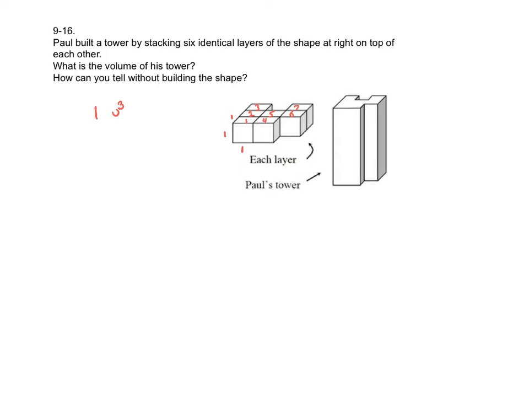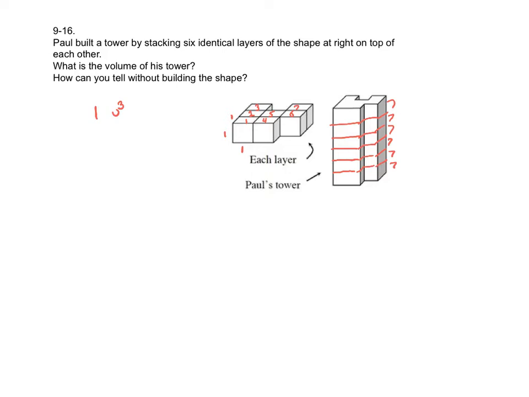So if I were to stack 6 of those on top of each other, that means that each layer that I put on here will have 7 cubic units. When I stack another layer on top of that, that will have another 7 cubic units, and another layer on top of that, and another, until we have stacked up 6 layers.